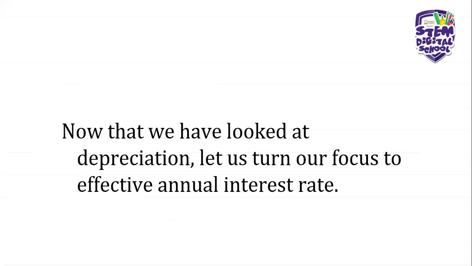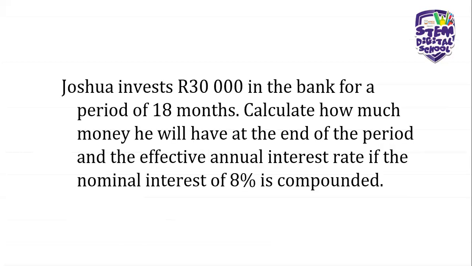So we are going to now use this experience to look at the different rates of interest which are compounded as well. For instance, I've already spoken about the nominal interest rate as well as the effective annual interest rate.